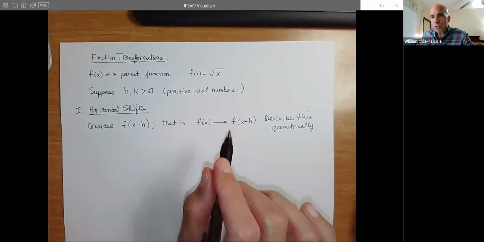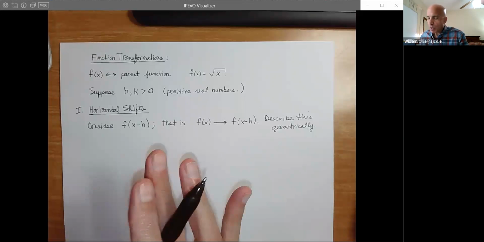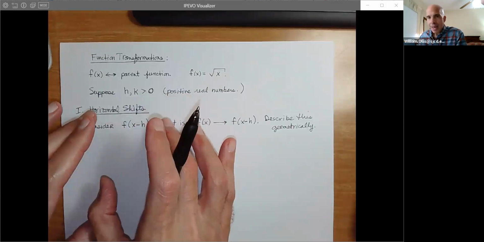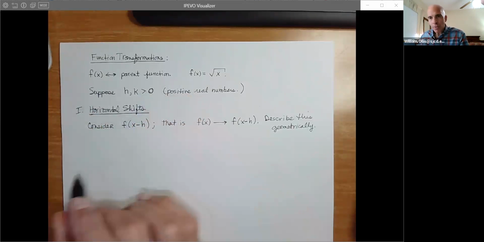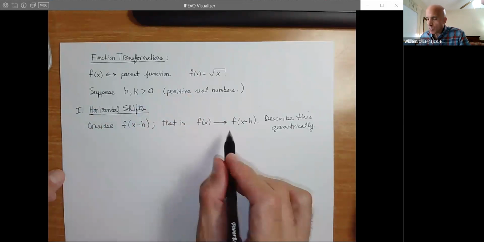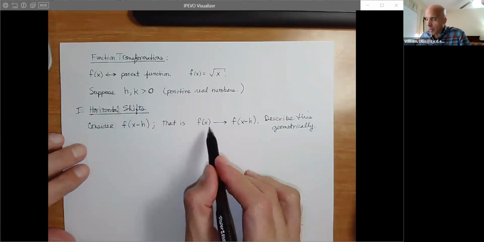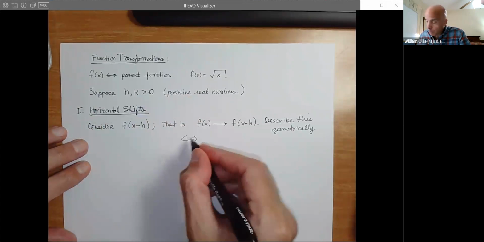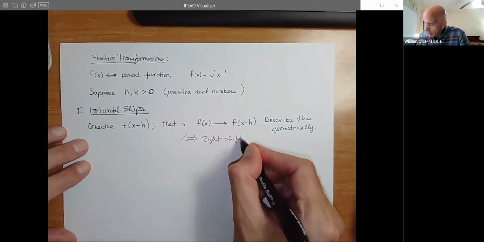And I want you to think about this. Think about the fact that when we do algebra this way, and what it means to do this, and then when we think about it geometrically and what it means. And so what I'm going to do is unravel this in a way so hopefully you understand that when we actually do this, this corresponds to a right shift by h.